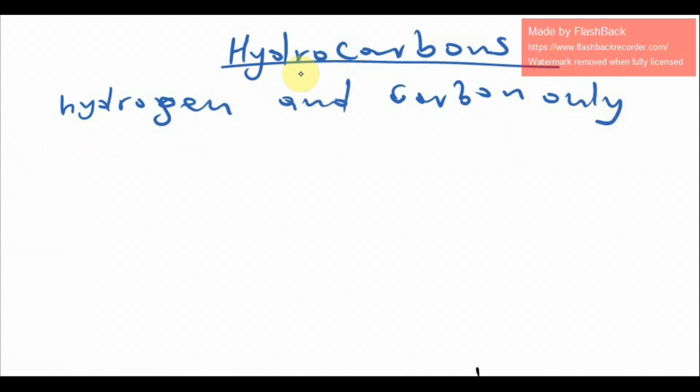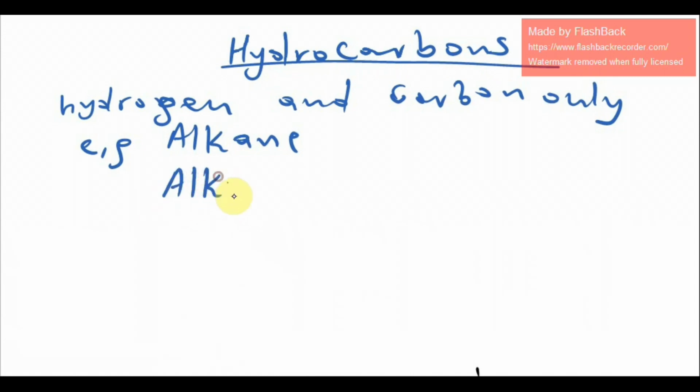Once you see a compound that has hydrogen and carbon only, you must know that that compound is a hydrocarbon. E.g., all compounds that belong to alkanes have carbon and hydrogen only. They are hydrocarbons. Then we also have alkenes. Everything that belongs to alkenes is a hydrocarbon. We also have alkynes. Everything that belongs to alkynes is a hydrocarbon.